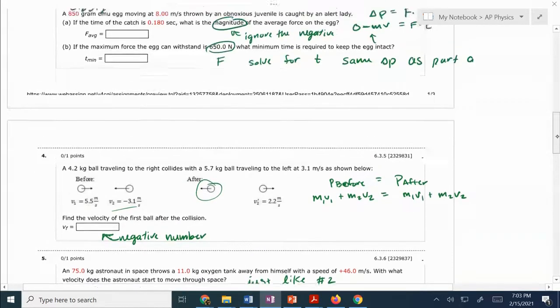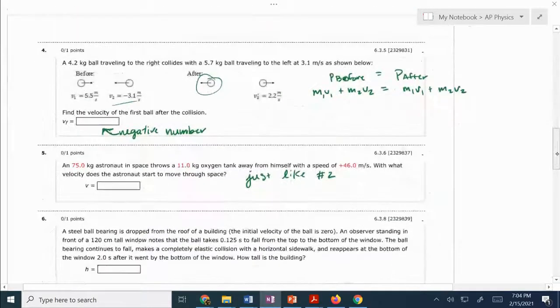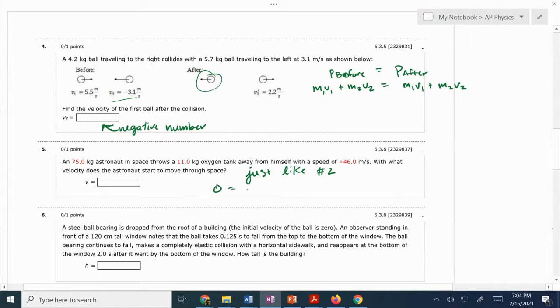So I'm not going to spend a ton of time going through that. Again, initial momentum is 0. You've got the mass of the tank times the velocity of the tank, plus the mass of the astronaut times the velocity of the astronaut.